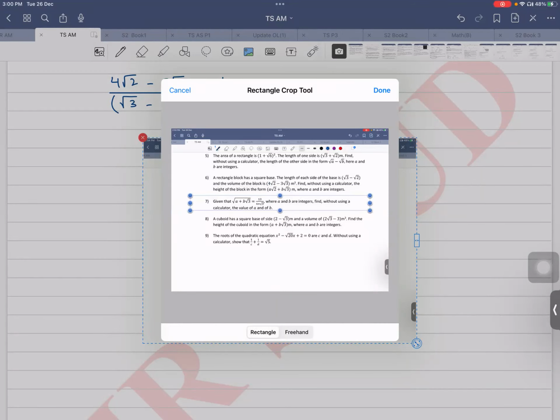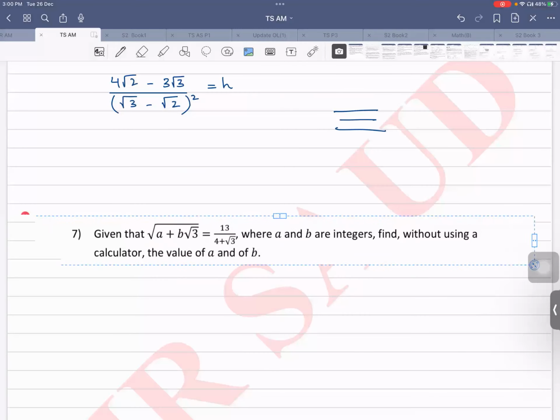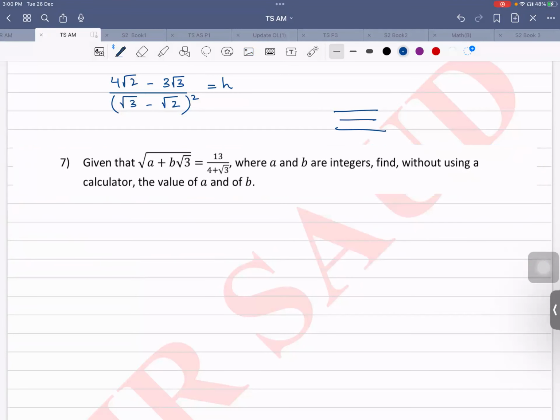Question number 7. Read the question, Erad, then tell me how would you solve this question.